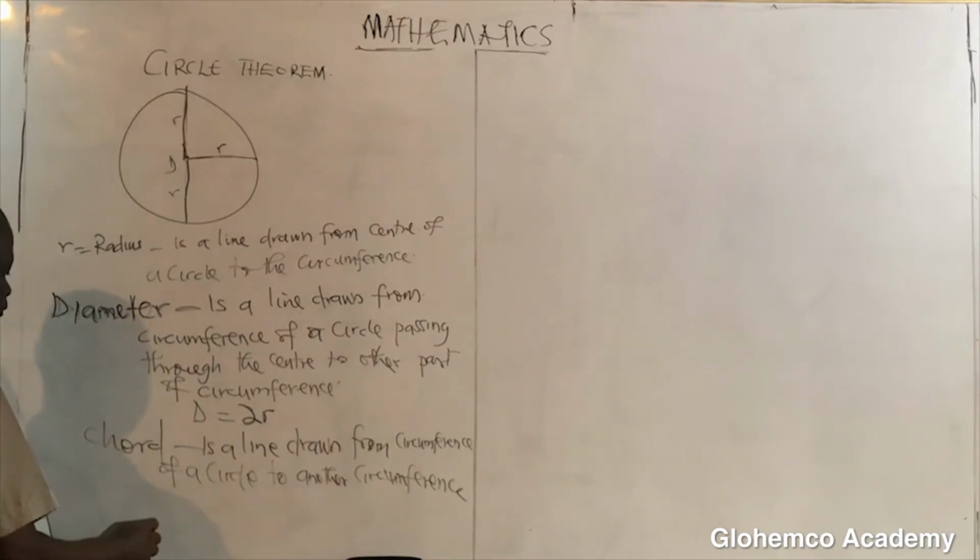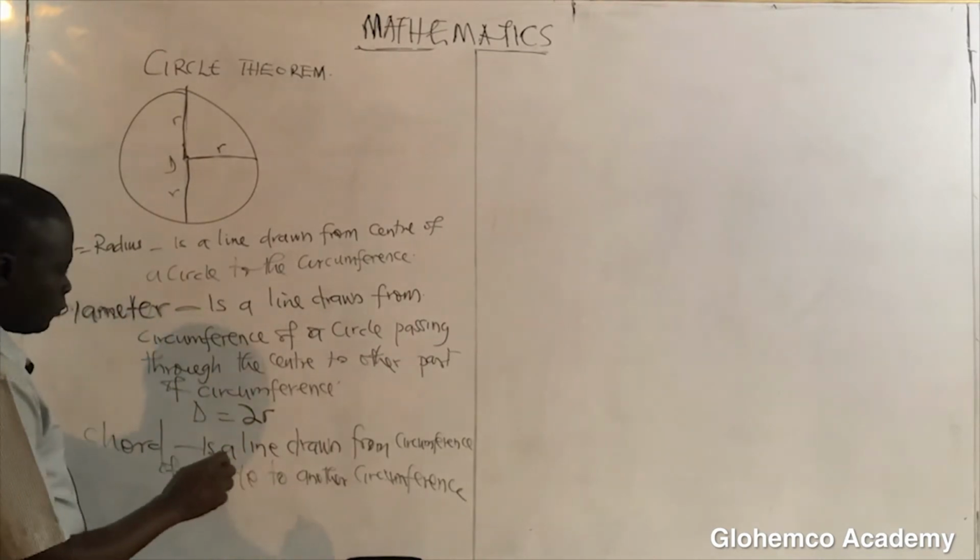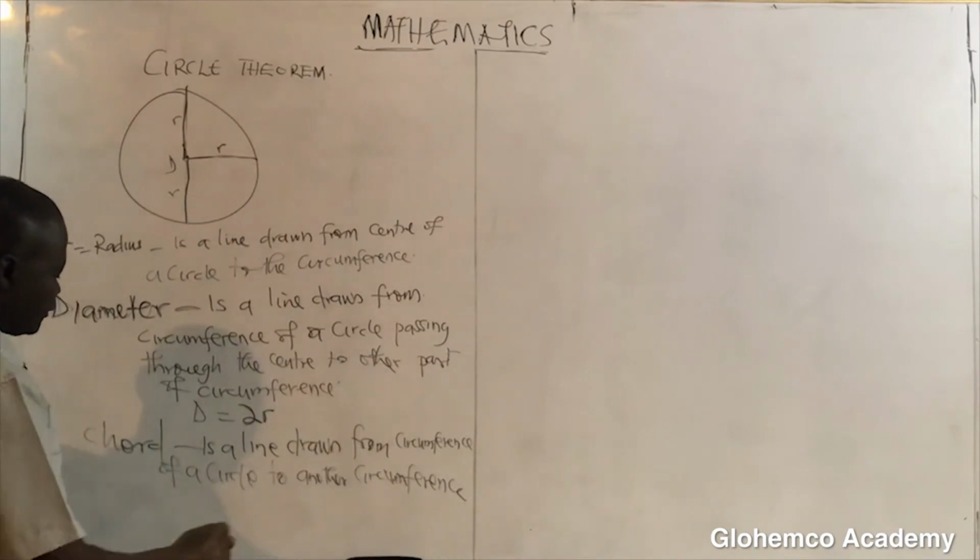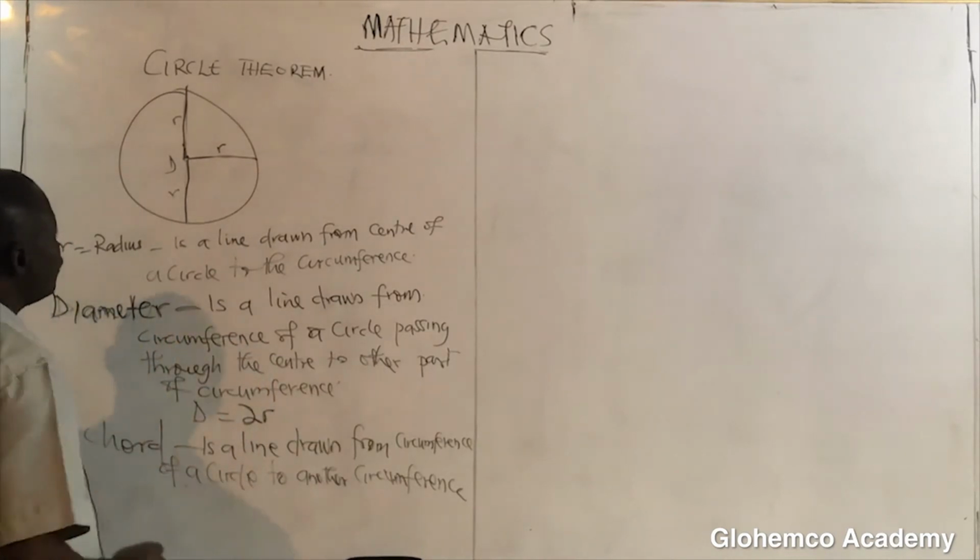Once you draw a line from the circumference of a circle to another circumference, it is called chord.